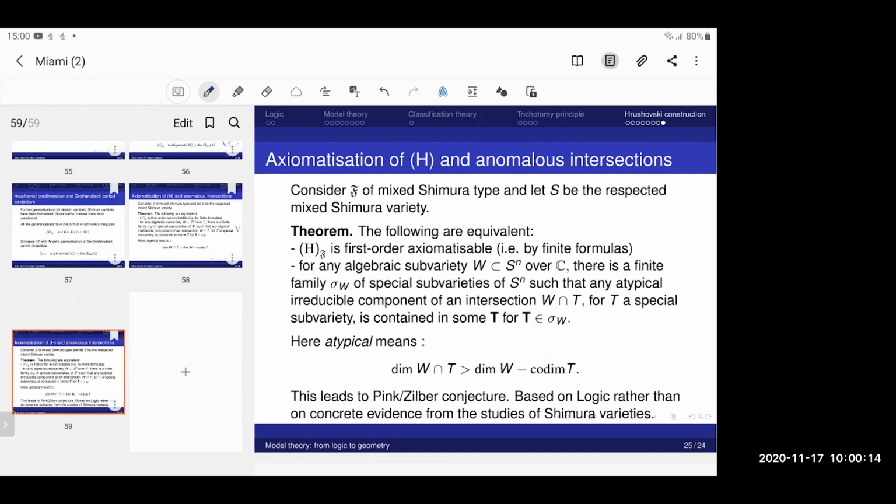And so there is this celebrated Bombieri, Masser, Zannier result for abelian varieties, in some more specific situations. And there is now some solution of the André-Oort conjecture, but these are concrete technology and concrete examples.